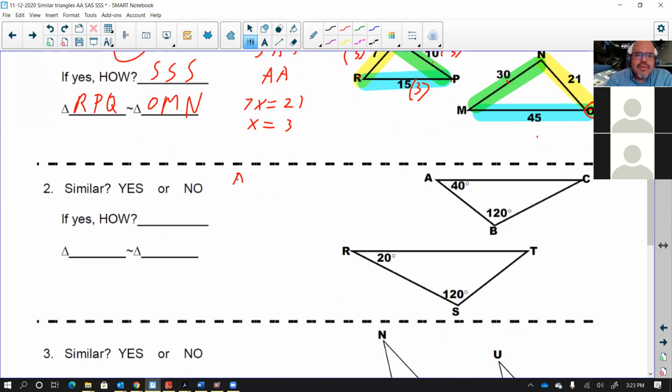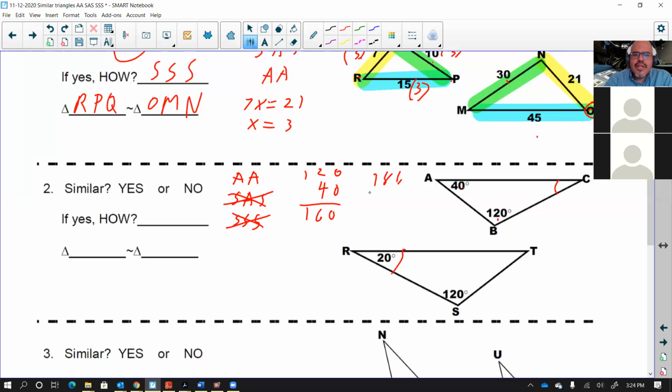Now, next one, we're going to be doing angle, angle, or side, angle, side, or side, side, side similarity. Well, here we have no side lengths, so it's not going to be either of those two. But they do give us two angles, but they're not the same. We have to find out what this angle is and see if it's the same as this 120. So 40 plus 120 gives you 160.